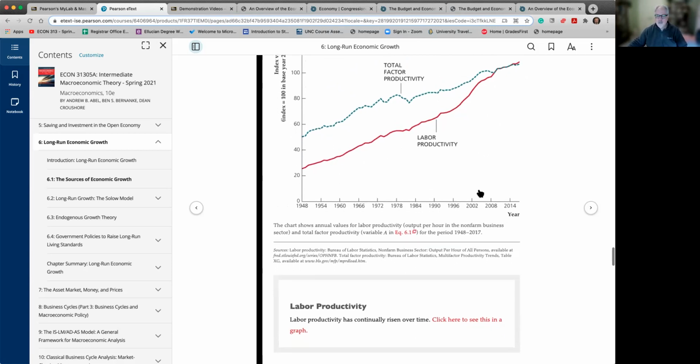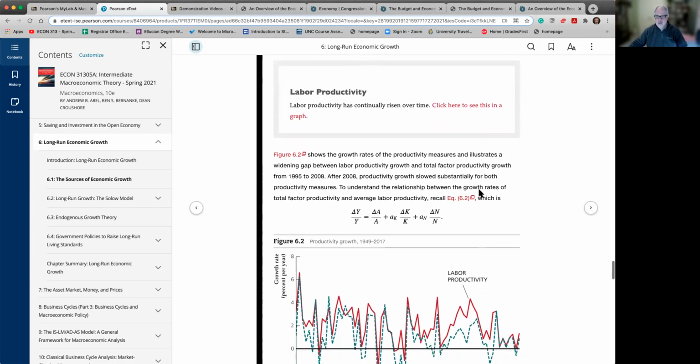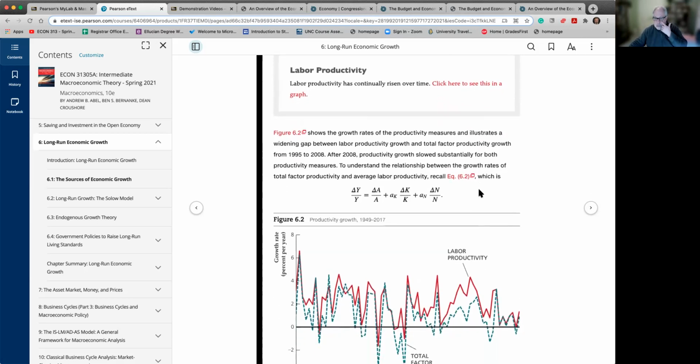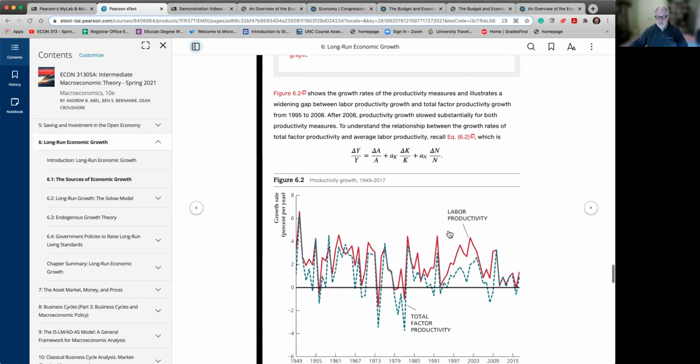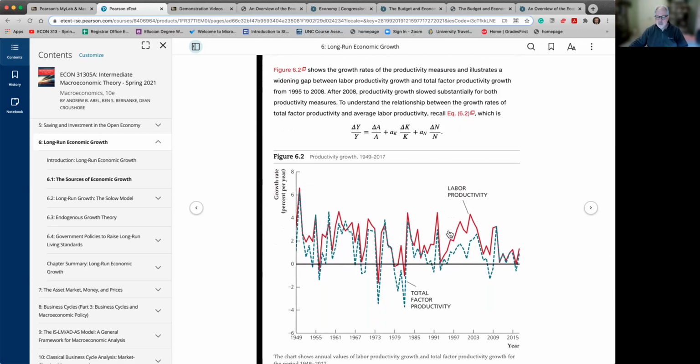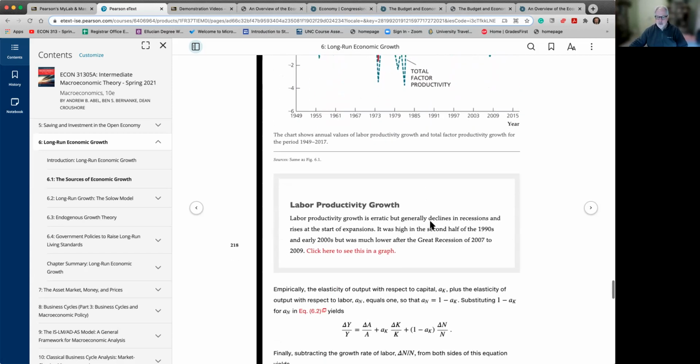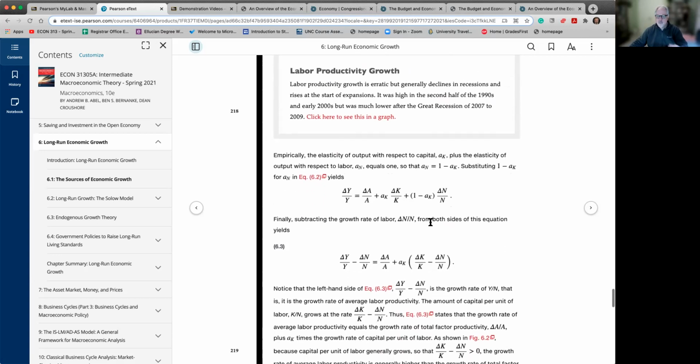So what matters for that? And we can use that growth accounting equation to take a look at that in more detail as well. And we can see that capital and labor matter here, as well as total factor productivity growth, right? So we have labor productivity growth. We can break that down.